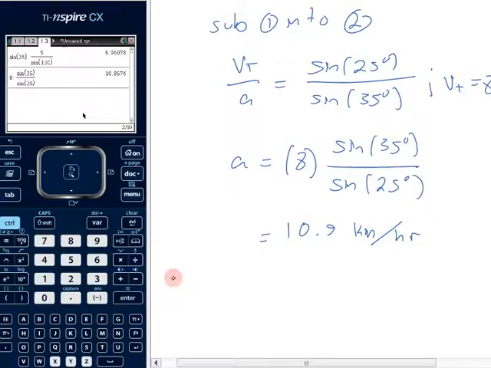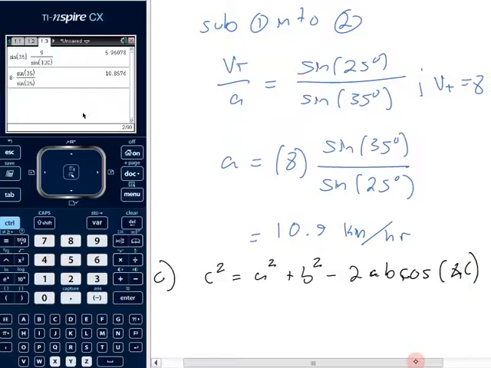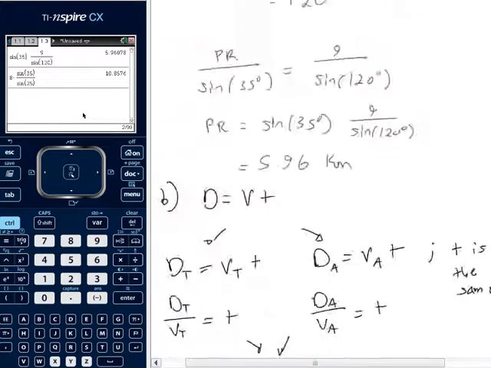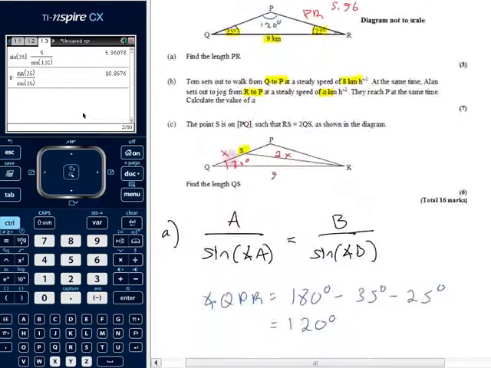The cosine rule says that one side squared is equal to the sum of the squares of the other two sides, take away a correction factor of twice the product of those sides times the cosine of the angle between them. In this case, we have our three sides. Looking at this diagram, this is the angle that we know, so c must be the side opposite that angle.